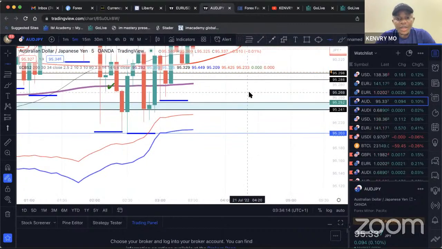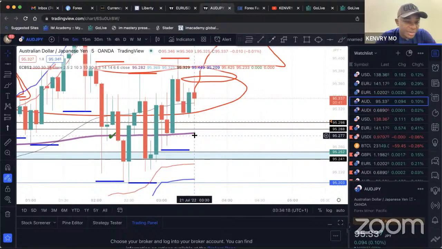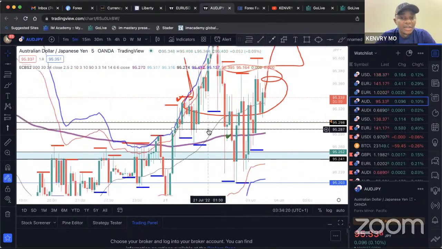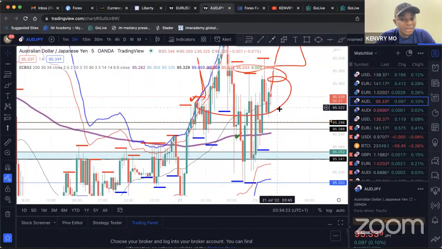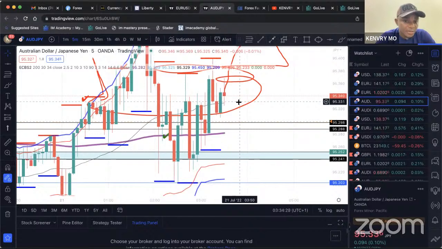The only difference between AUD JPY and AUD USD is that AUD JPY has already broken the trend, but it's trying to make a decision whether to go up. If it goes up, then my areas can be tipped off to get closer ones. But if it's not going up, it's going to keep rejecting these areas.